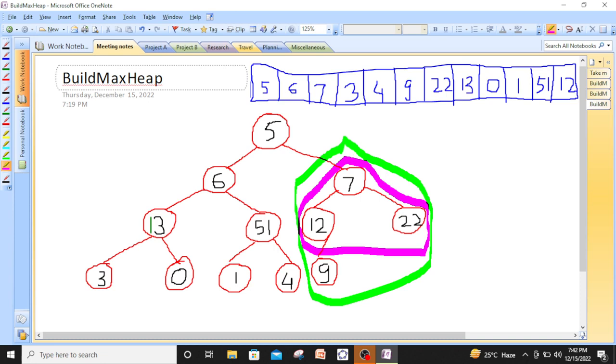First, the work is done inside this subset, that is the pink color enclosure, and inside this you see the node is 7, but the largest value is 22. So 7 and 22 will be interchanged.